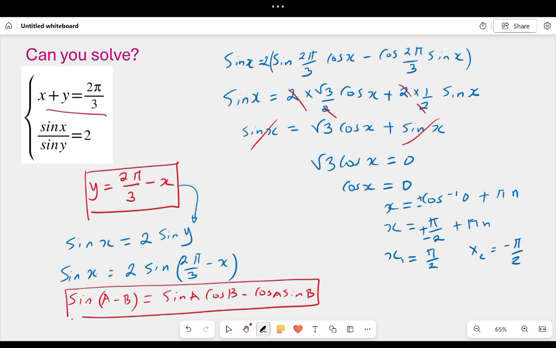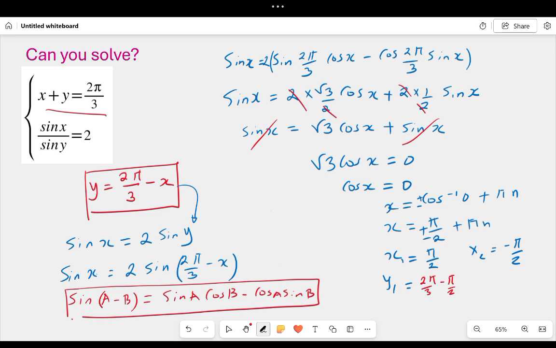Now then, after this, we need to work out what y will be. So our y1 is going to be 2 pi over 3 minus pi over 2, based on the equation that we have here.